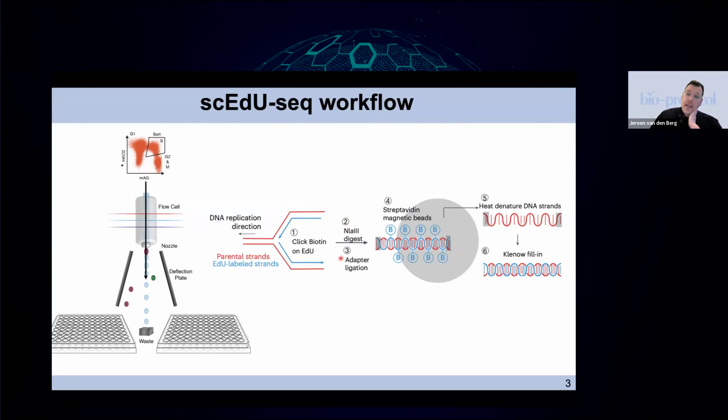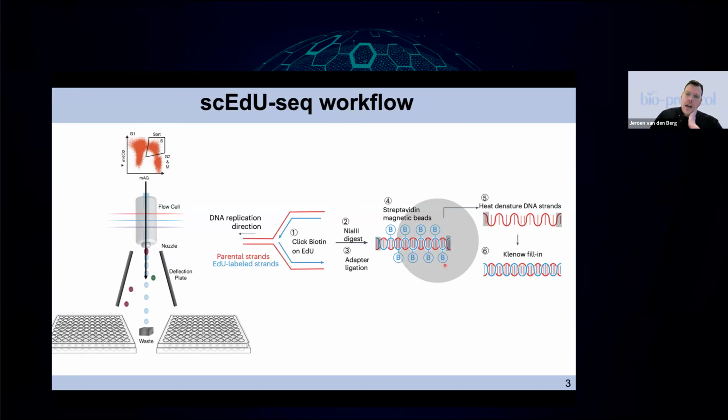And after this restriction enzyme digest, we ligate adapters containing a cell barcode to refer back to which well this particular cell was sorted into, and a unique molecular identifier, which allows us to find unique reads in these single cells.